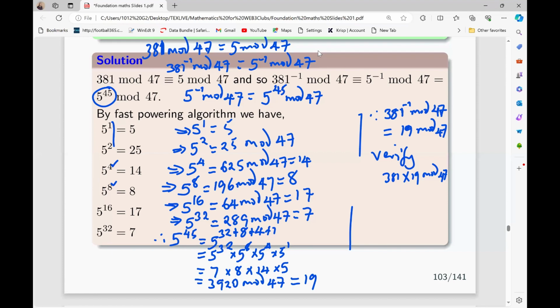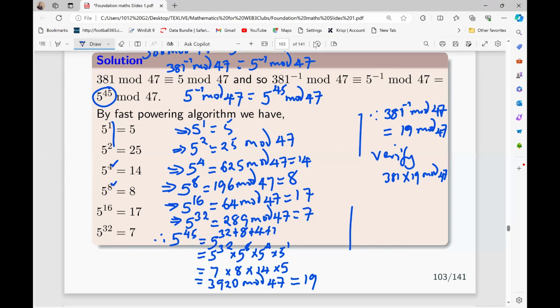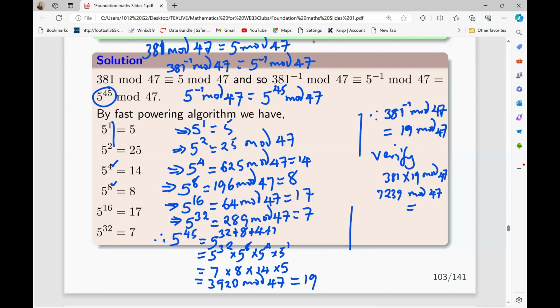Let's just multiply and see. 381 times 19 is in fact 7,239 mod 47. What is this when you divide by 47? 47 goes there 154 times, and the remainder is 1. Our inverse is correct.